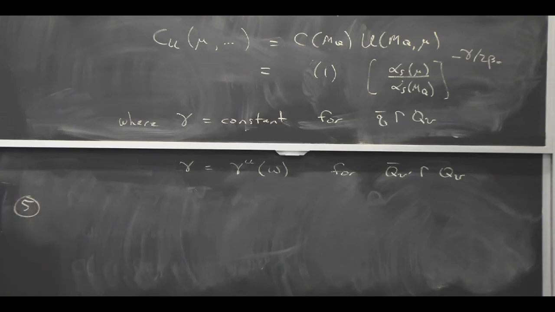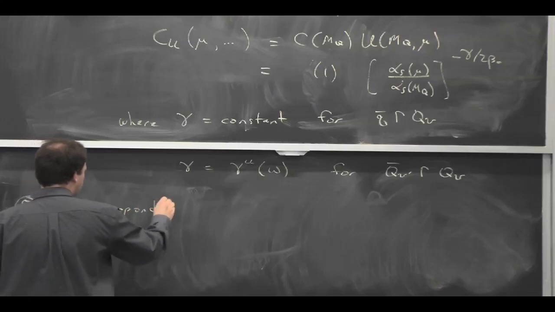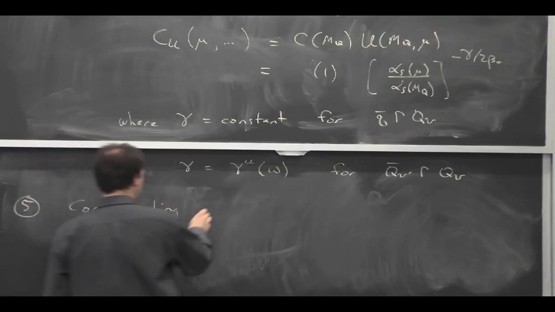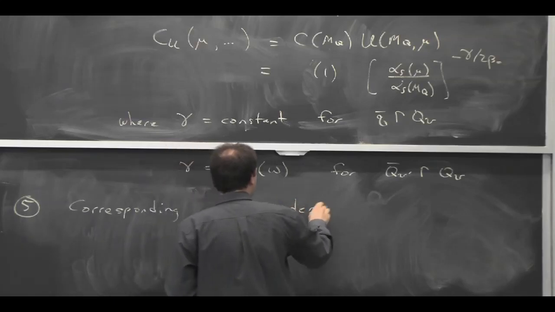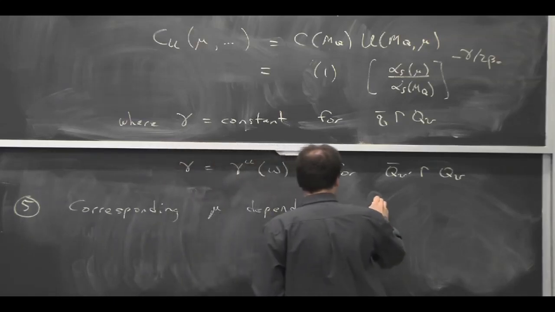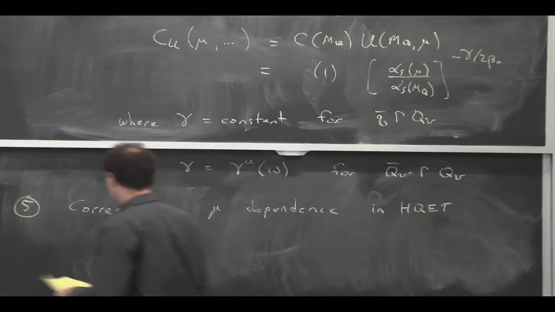So any questions about that? Okay, pretty straightforward. So much of this, essentially all of the story except for this little wrinkle, is very similar to integrating out a massive particle. And the other part of the story that's similar is that the HQET matrix elements depend on mu as well.